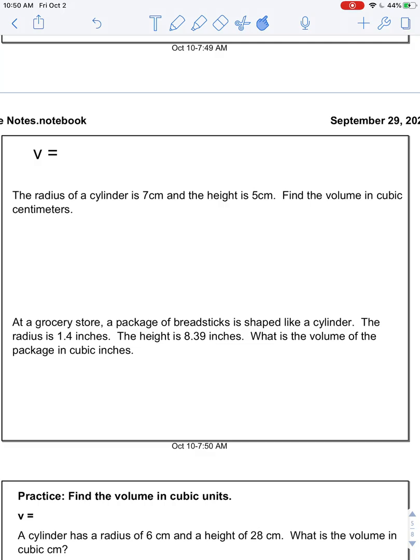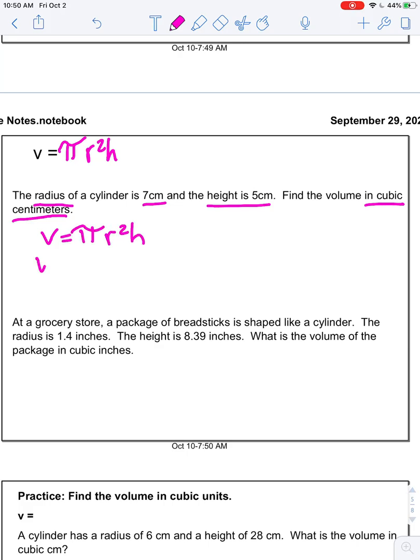Let's take a look at the next couple problems. So we need our formula, V equals pi r squared h. We have the radius of a cylinder is 7 centimeters, the height is 5 centimeters. Find it in cubic centimeters. So V equals pi r squared h, using 3.14 for pi. We are given the radius, so we can use it.